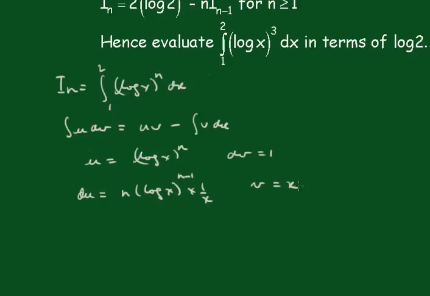My v equals x. So I_n equals x (log x)^n between 2 and 1, minus, when you multiply those two together, the x's will cancel out, so we're going to get n times the integral of (log x)^(n-1) dx between 2 and 1.